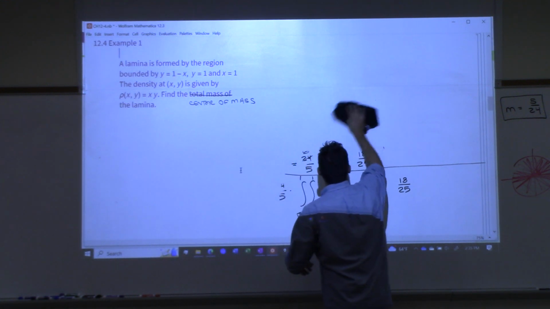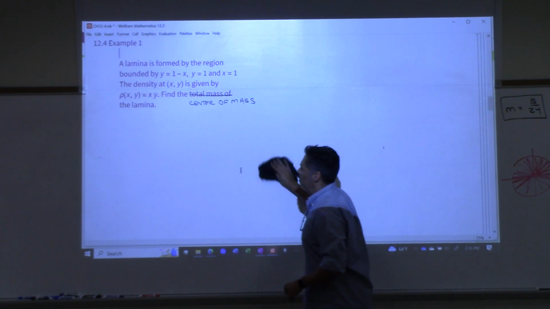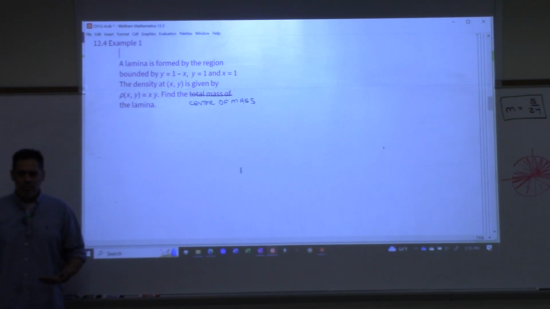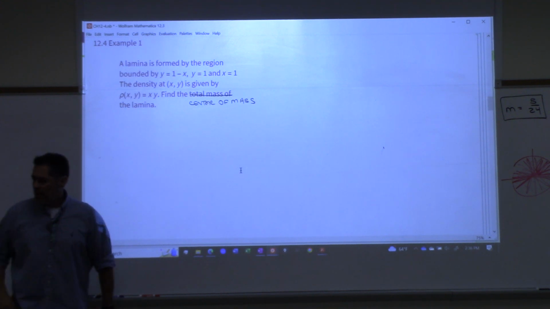The moment of inertia is a numerical representation of an object's resistance to rotate about an axis. So it's a way to give a numerical value to whether or not something wants to spin around an axis.